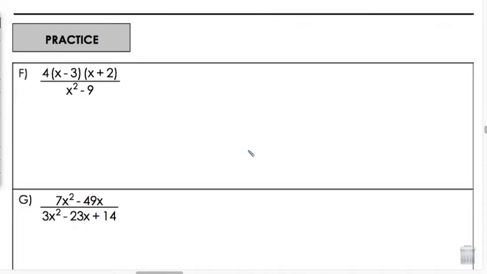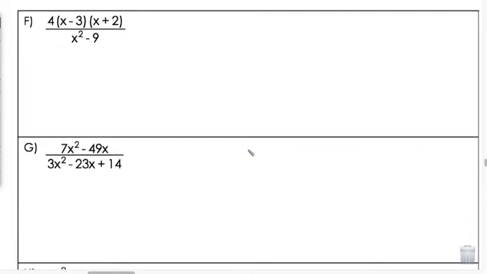Let's do just a couple more examples so you feel comfortable with this. If we look at letter F, we can see that the numerator is factored, but the denominator is not. So I'm going to cross this off and put x plus 3 times x minus 3.